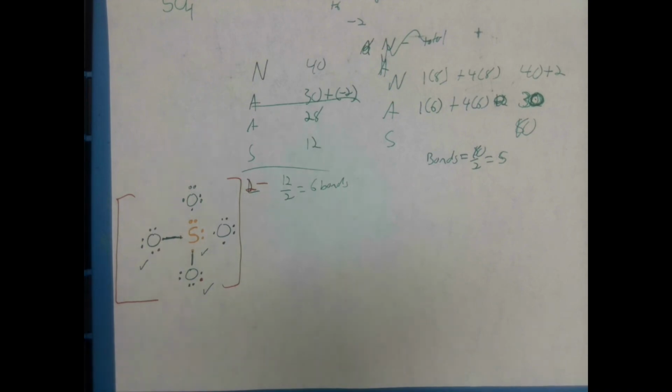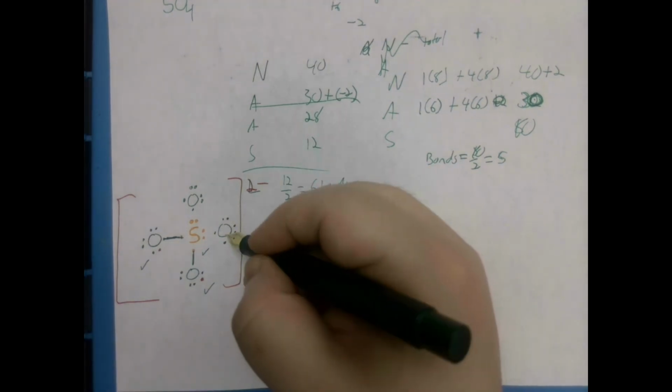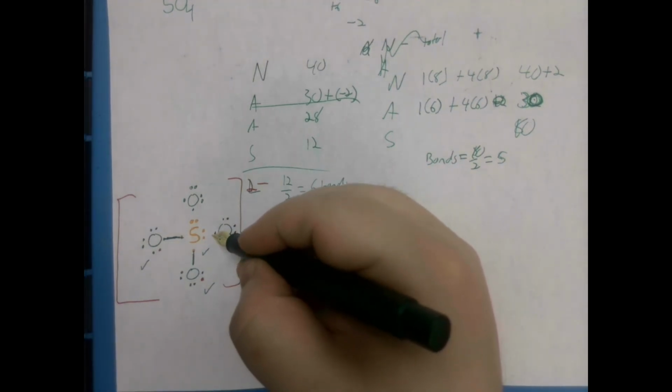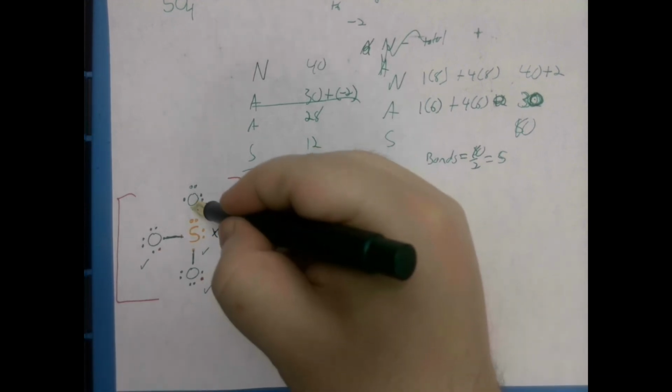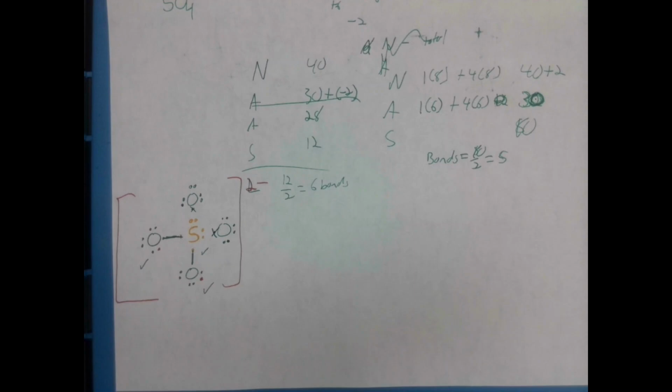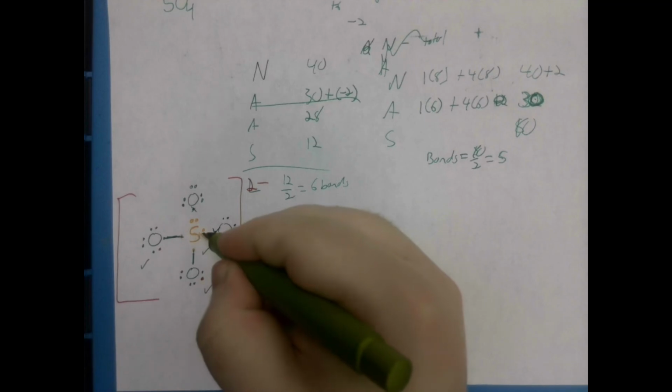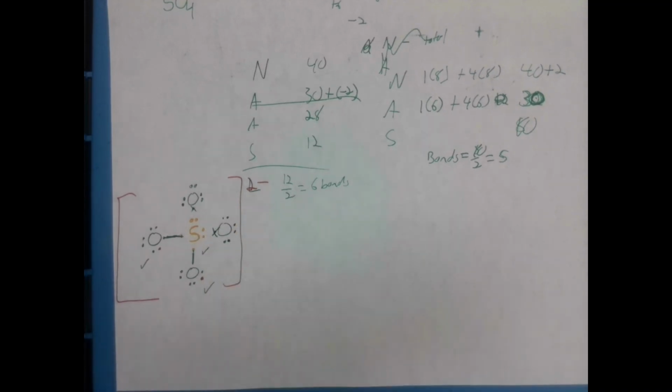So what I'm going to do is move this electron over here. I'm going to remove that one here, put it here. Remove that one here and put it here. And then I'm going to make sulfur give up or share its 2 electrons. Does that make sense?